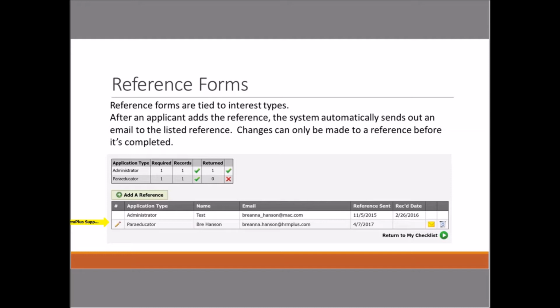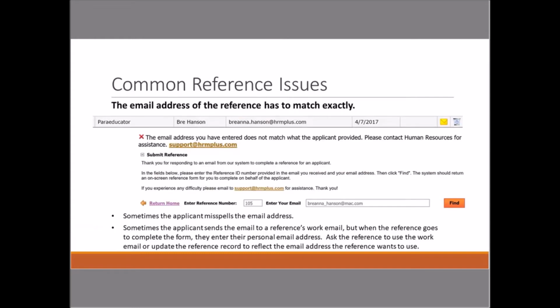Then you get questions from the person trying to complete the reference. A common reason why a reference can't complete it is that the data doesn't match. The email address of the reference, the one they're entering on this screen, has to be the same as the one recorded by the applicant.